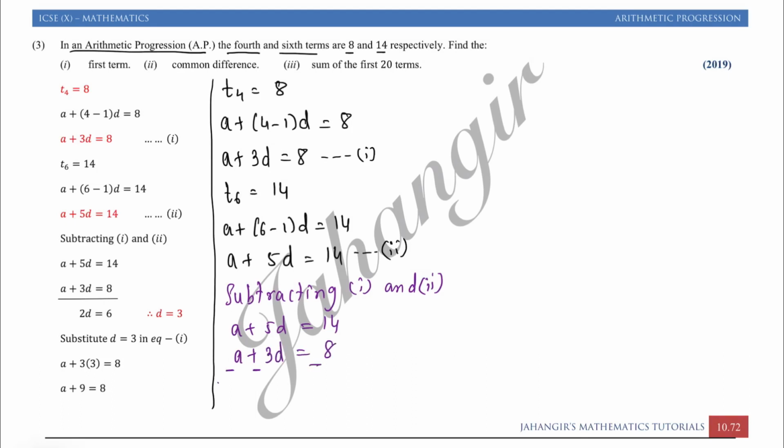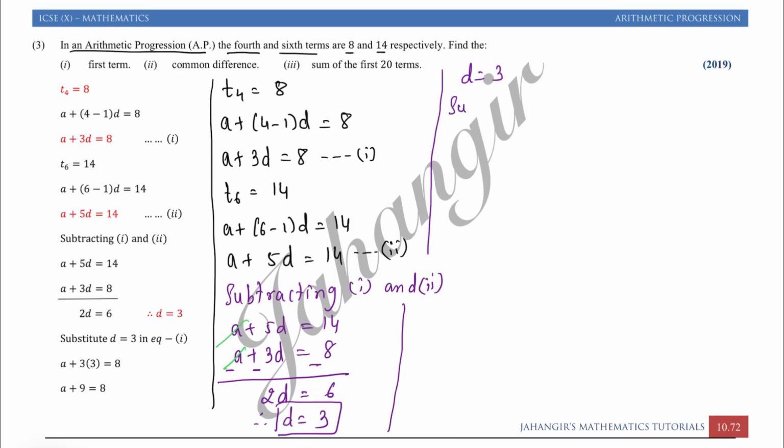Change sign while subtracting. A will get cancelled. 5d minus 3d is 2d is equal to 6. So therefore d is equal to 3. We get the value of d. D is equal to 3.